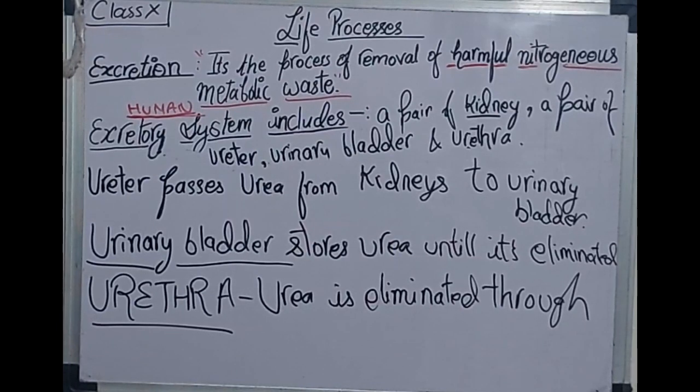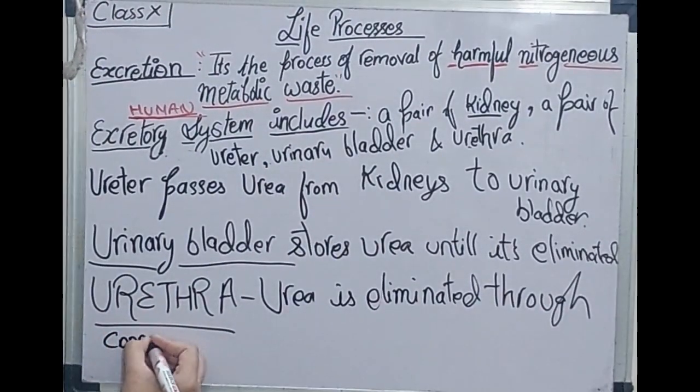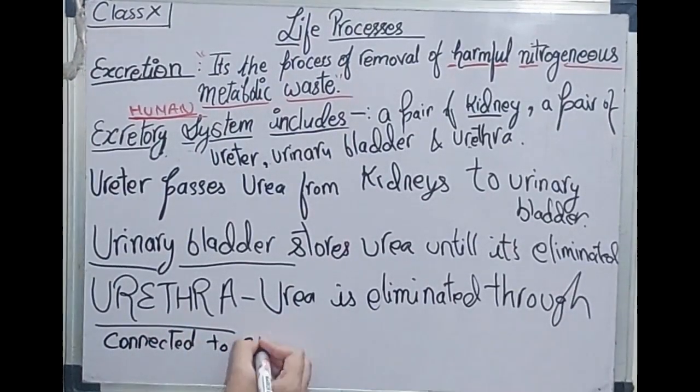Now how is it so? It is connected to our CNS, central nervous system से connected है. We have not studied control and coordination yet, so maybe you are not able to understand what I am trying to say. So our urethra is connected to CNS.